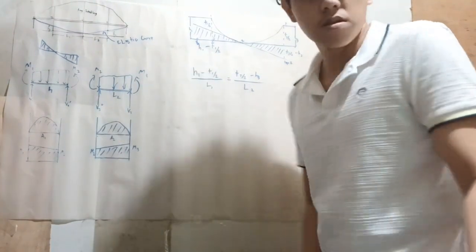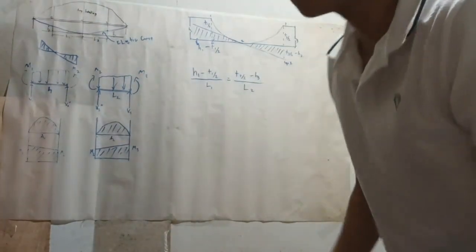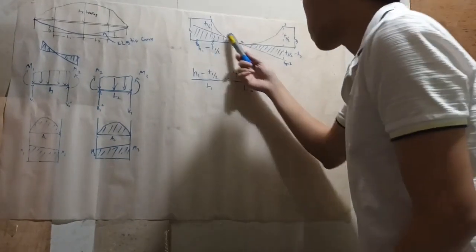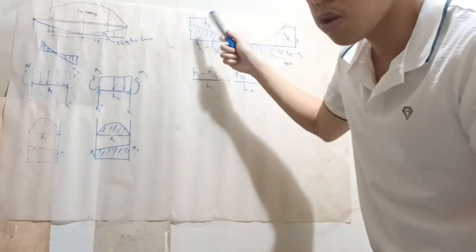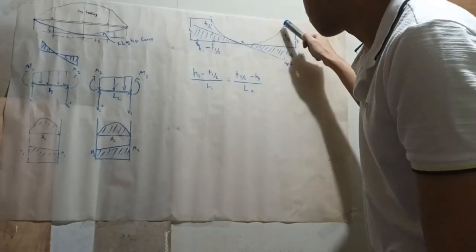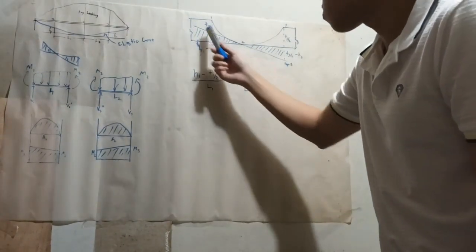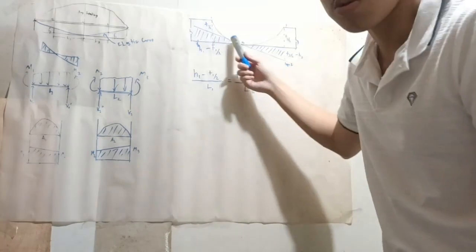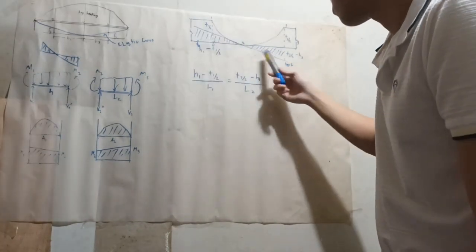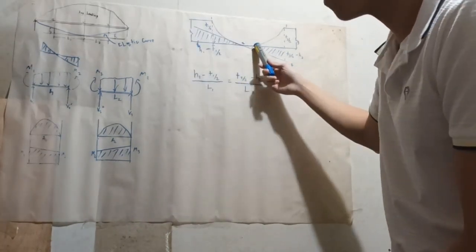Then we will use the area moment method. In the area moment method, we have the elastic curve. We put point 1, point 2, point 3. Then we put the tangent at point 2, and the axis along point 2.